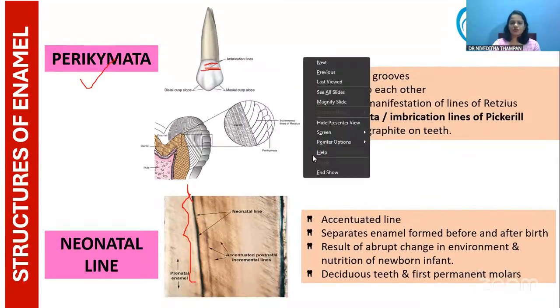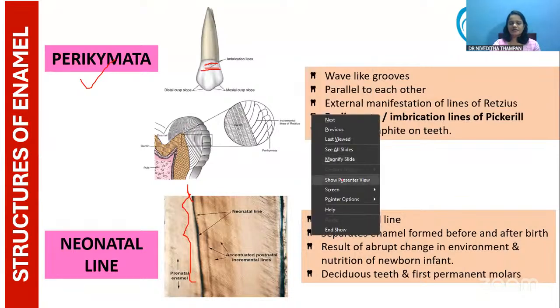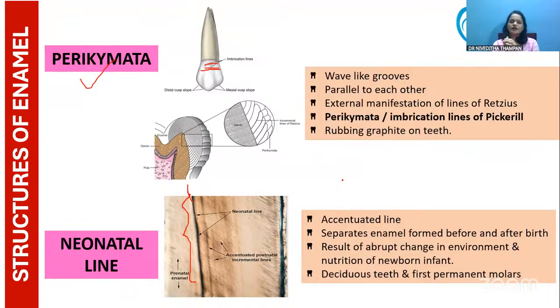The neonatal line is nothing but an accentuated line that separates the enamel formed before and after birth. Why is the enamel formed before and after birth separated? Because after birth, the baby undergoes lots of birth stress and there are nutritional changes, and if the baby encounters any disease, there will be metabolic changes.